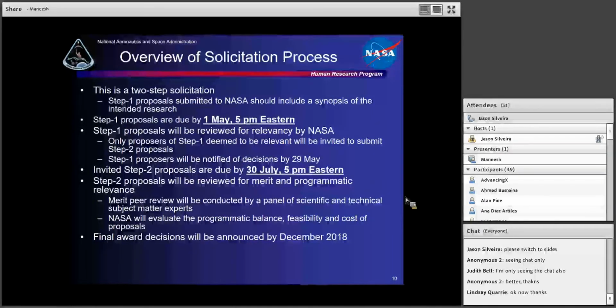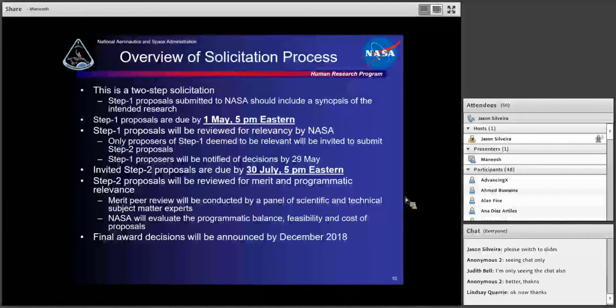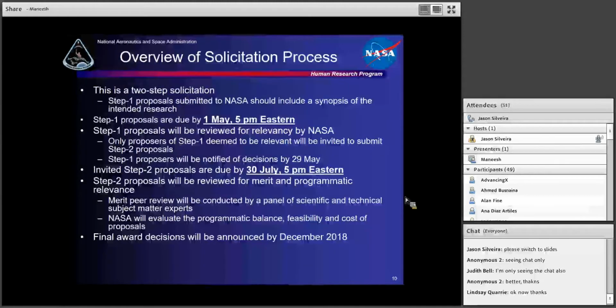Those Step 1 proposals will then be reviewed for relevancy by NASA, and then only studies that are deemed to be relevant and responsive to the call will be invited to submit a Step 2 proposal. Step 1 proposers will be notified of this decision by the 29th of May. Invited Step 2 proposals are then due on the 30th of July, again at 5 p.m. Eastern.